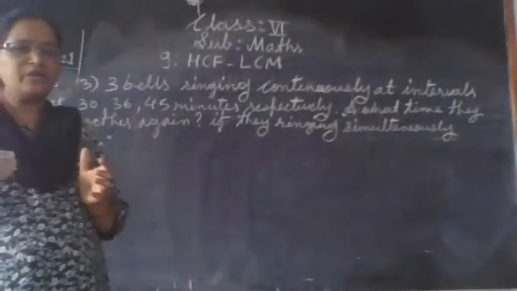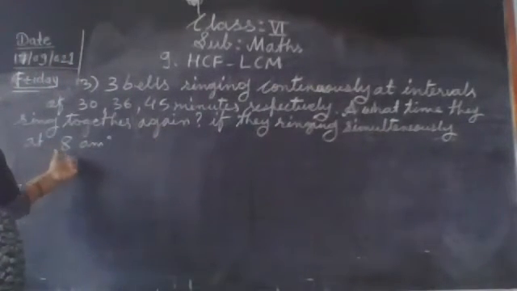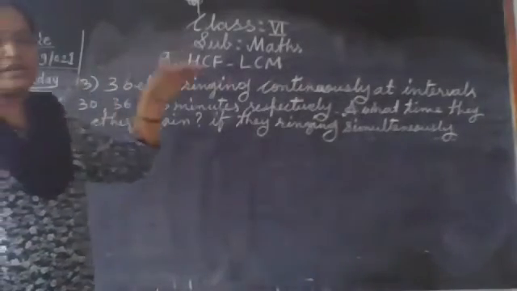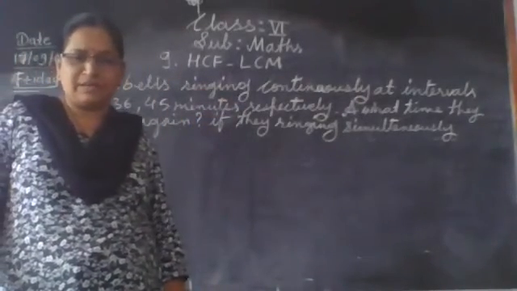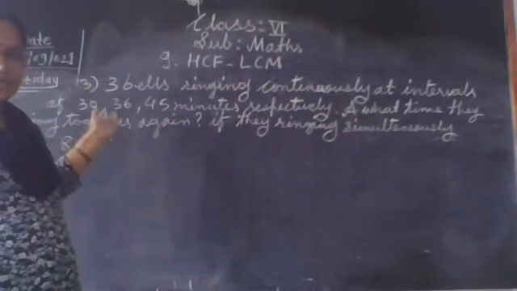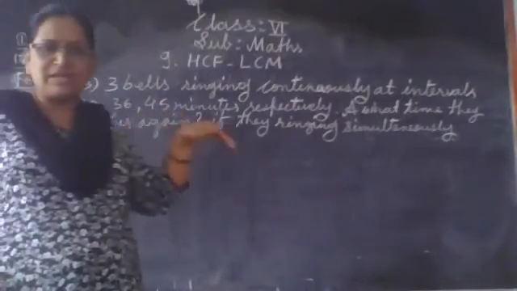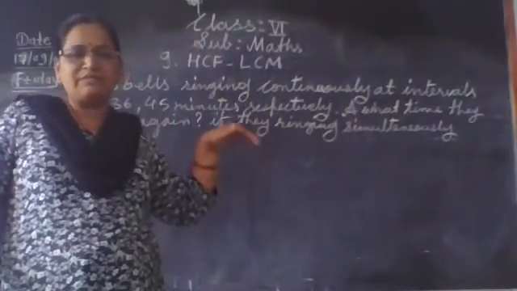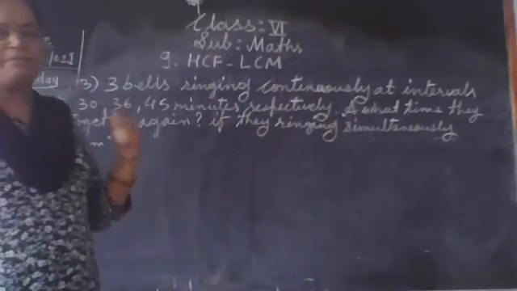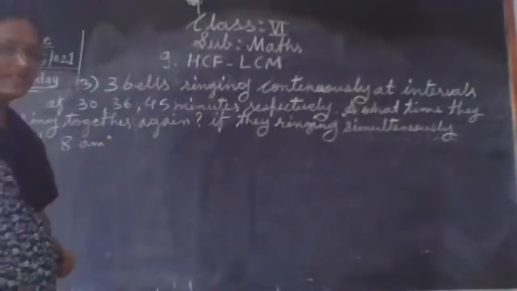If they all ring together at 8 a.m., after what time will they ring together simultaneously again? The time intervals given are 30, 36 and 45. So minimum time means you have to find the LCM.